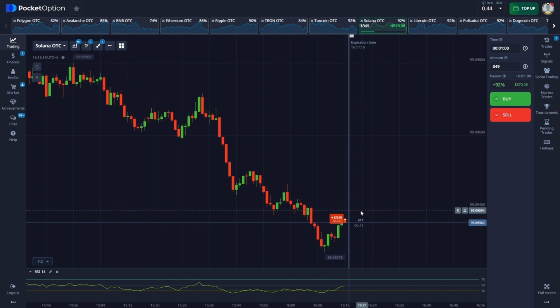As you can see, there's a downtrend, and I placed the trade in the direction of the trend from the RSI level of 50. The trade is currently going in our favor, but we still have 37 seconds left.